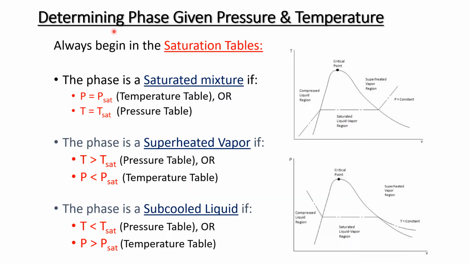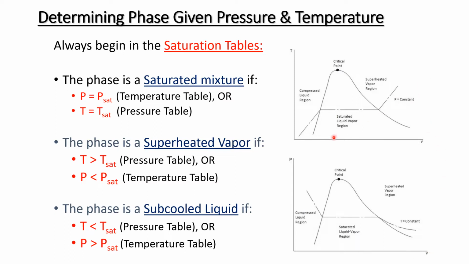Let's look at how we can determine the phase of a substance given its pressure and temperature. To introduce this, I'd like to introduce what we call a temperature-specific volume, or Tv, diagram. So it's temperature plotted against specific volume, and a Pv diagram is pressure plotted against specific volume, both 2D plots.